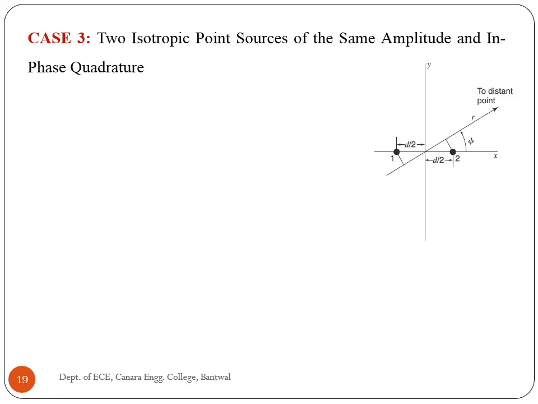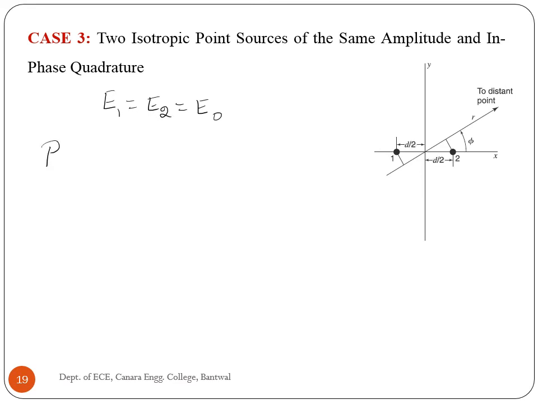Case 3. Two isotropic point sources of the same amplitude and in phase quadrature. Consider two isotropic point sources located as shown in figure. As they have the same amplitudes, we can say that E1 equal to E2 equal to E0. They are in phase quadrature, means source 1 is retarded by 45 degree and source 2 is advanced by 45 degree.